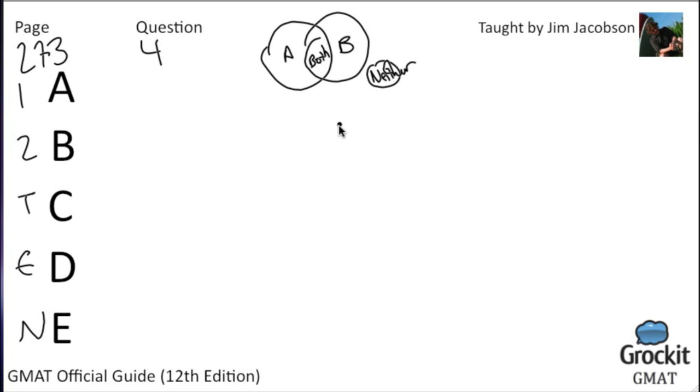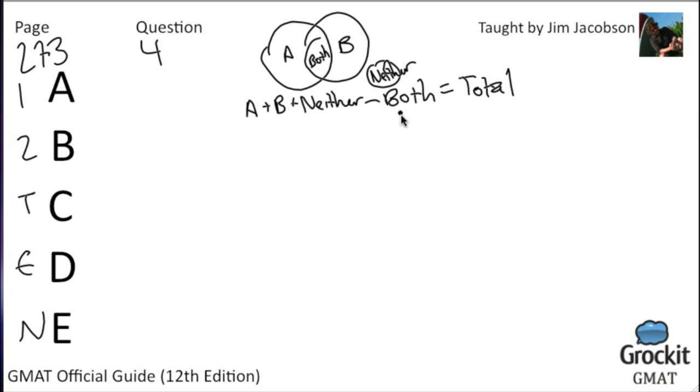And then the formula for computing whatever elements you're missing from this picture, A plus B plus neither, because they're not accounted for in that initial figure, minus both. We have to subtract that number once because otherwise we're double counting the people in that group, equals the total.